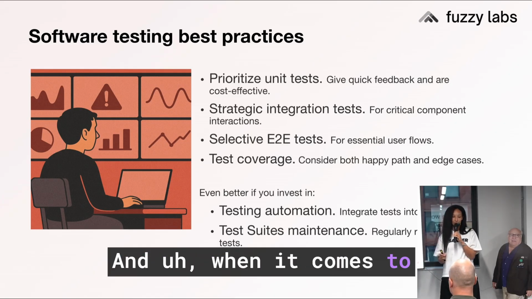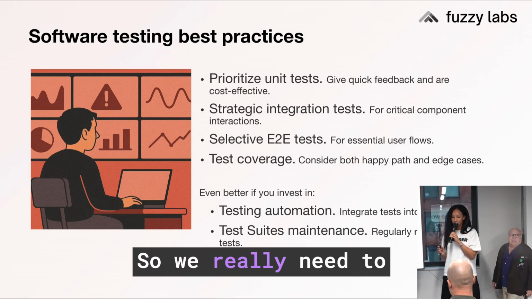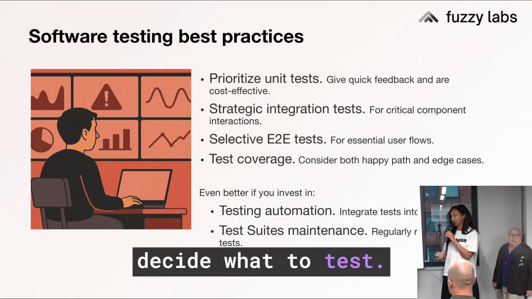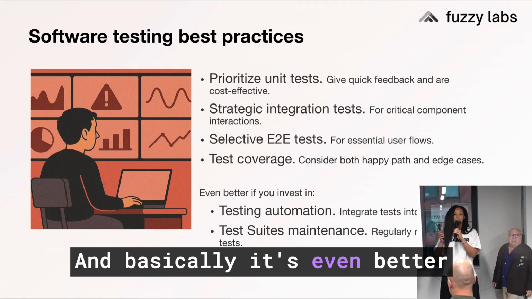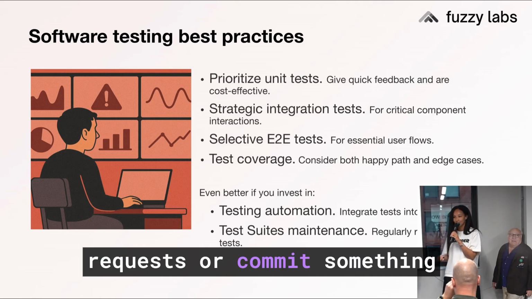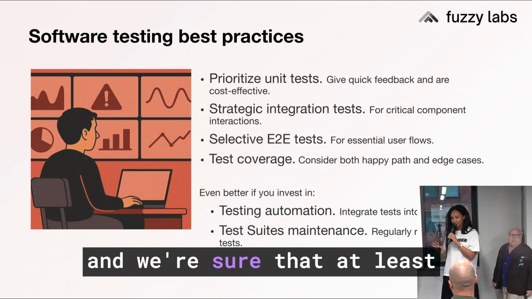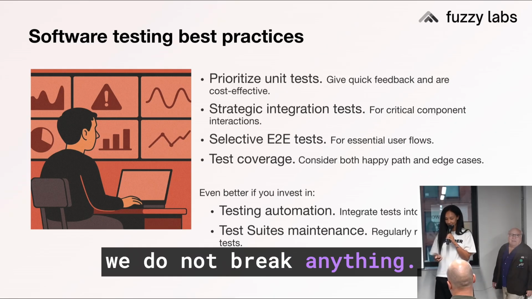And end-to-end tests are quite flaky and quite complex, so we really need to decide what to test. It's even better if we can automate it, so that whenever we create a pull request or commit something directly to main, we can have all these things running and be sure that at least we do not break anything, right?